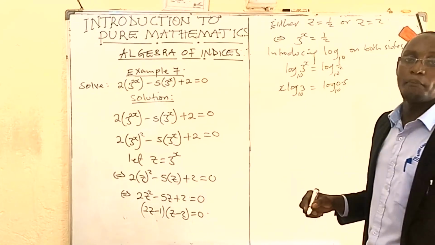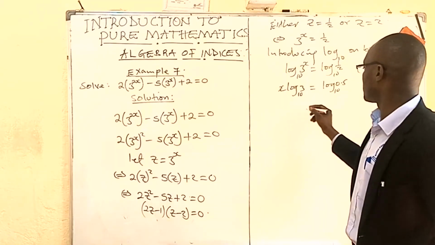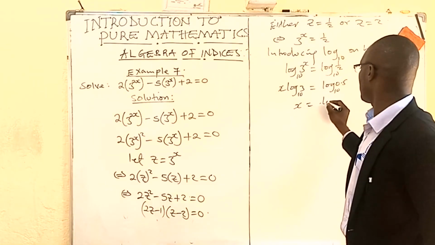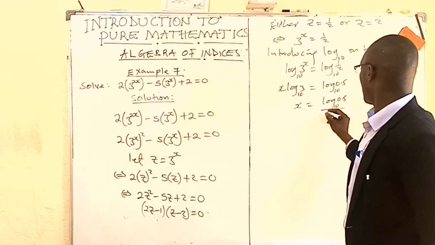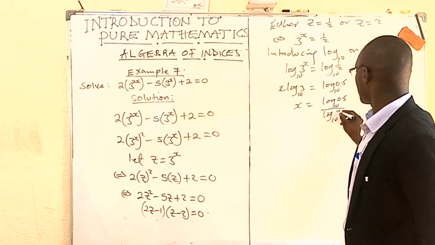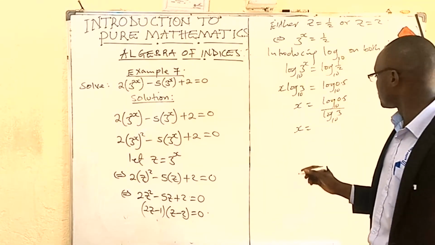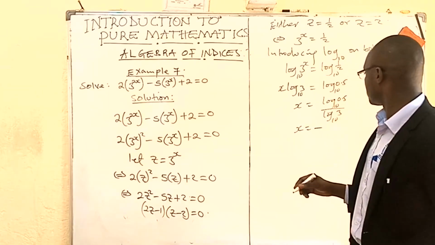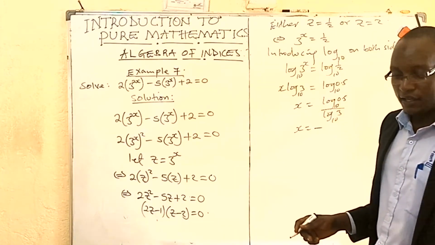X came this side, the power. So divide through by log base 10 of 3. So x will become log base 10 of 0.5 over log base 10 of 3. So our x can be obtained from the calculator, but it's going to give us a negative value, because log base 10 of 0.5 is a negative.